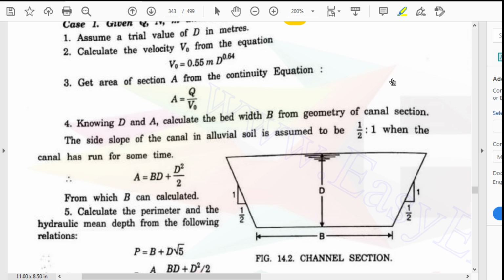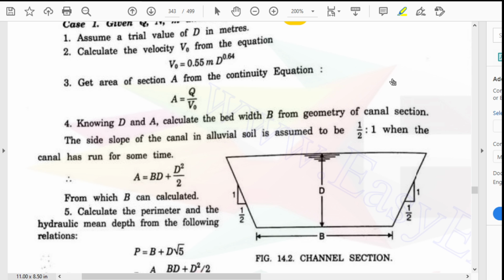Okay, so by using the geometry of that canal section you can calculate the bed width B. Now here the section is assumed to be trapezoidal in Kennedy's theory. So whatever the geometry of the trapezoidal section is, you have to use that geometry and from it find out the bed width.